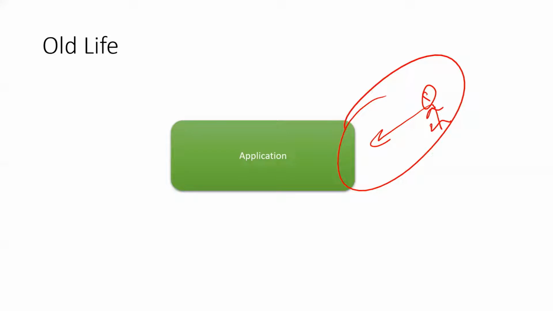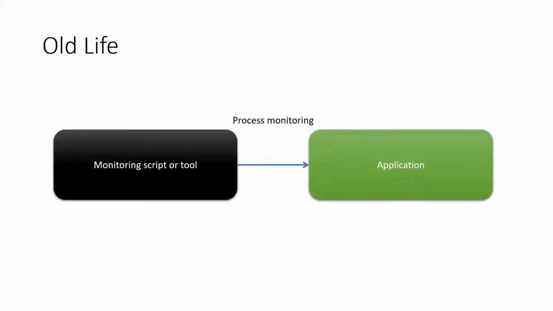So later they brought something like monitoring tools or scripts. With the help of monitoring tools, they started monitoring the processes. The process monitoring checks how the application is running, and it pulls the exit codes. If it's running on a Windows environment, it checks whether the exit code is 0 or 1; anything except 0 is treated as a failure, right?